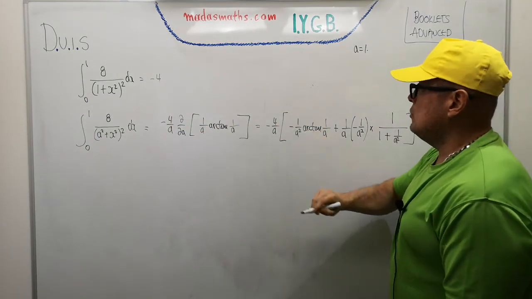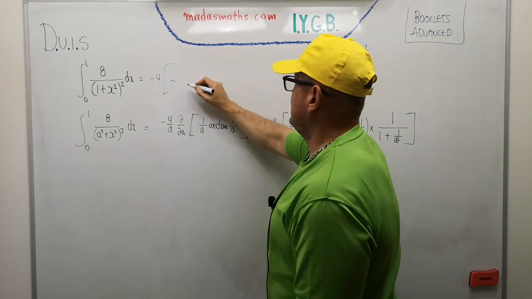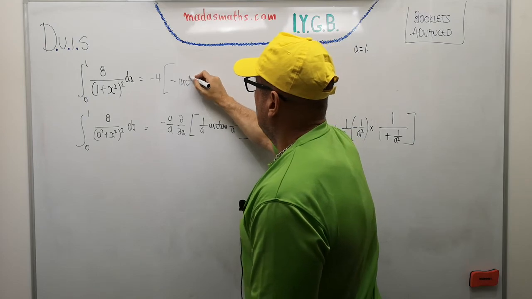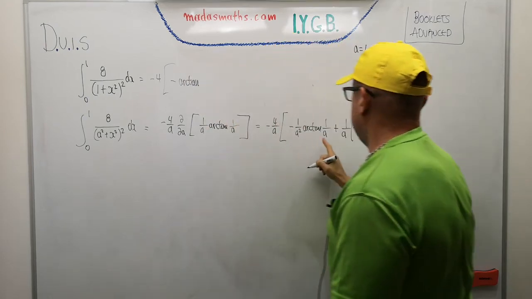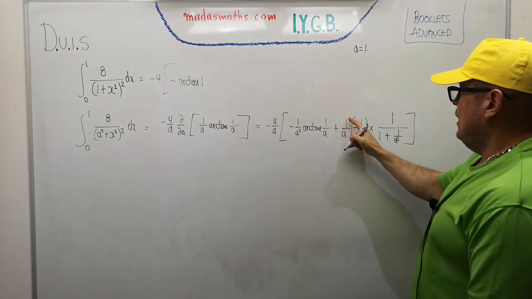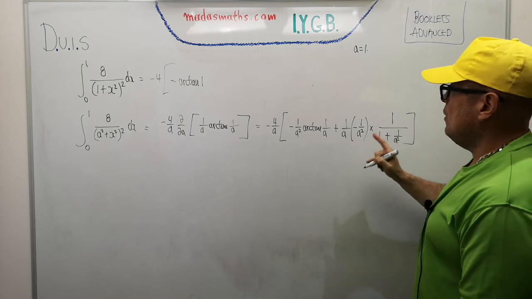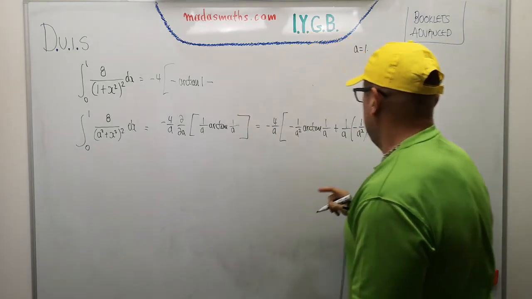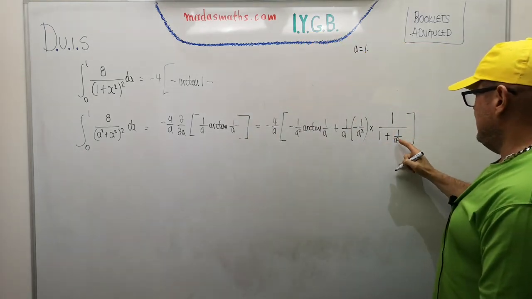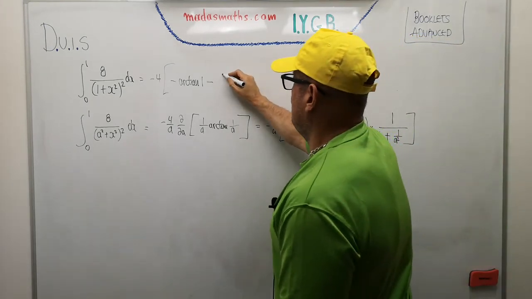That's going to be a 1, so it's minus the arctan of 1, which is a nice number, plus 1 over 1, which is 1, minus 1 again, so this is now a minus again, and if I put 1 in here, that's going to be 1 plus 1 minus a half.